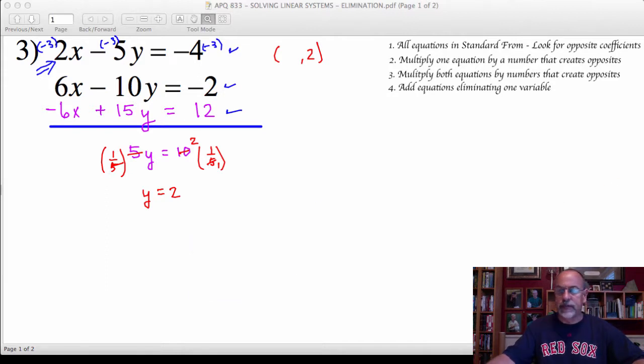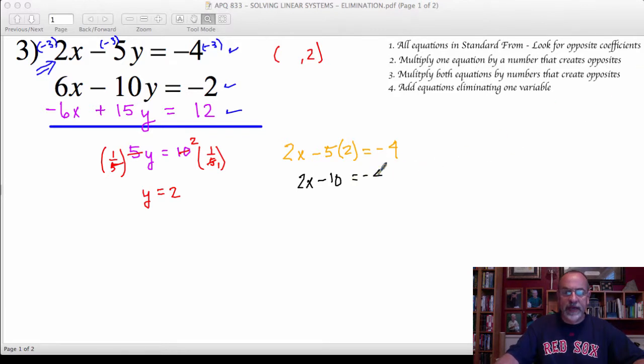So going back to the first equation, so I have 2, and then I have x minus 5, and then I have my y value, which I now know is a 2, equals negative 4. I now have an equation with just the letter x, which means I can determine its value. So negative 5 times 2 is negative 10.